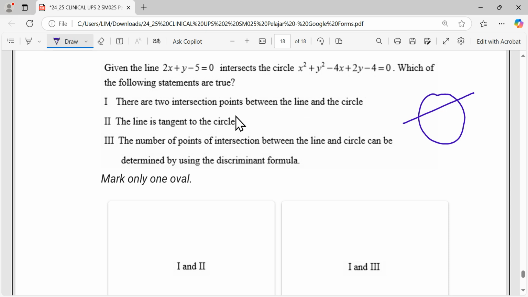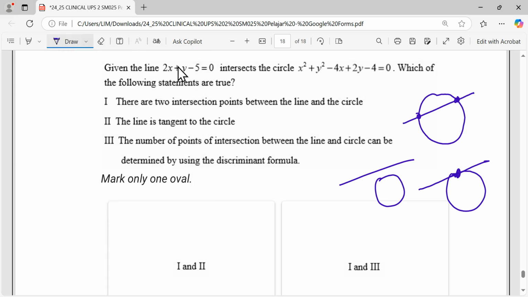We need to try to substitute and see how many answers we have. If we have two answers of x, means two intersection points. Sometimes if you are just touching, means you only have one intersection point. Sometimes your line didn't touch, means when we solve this simultaneous equation, we don't have any solution.